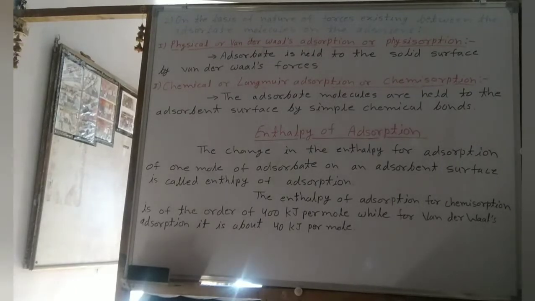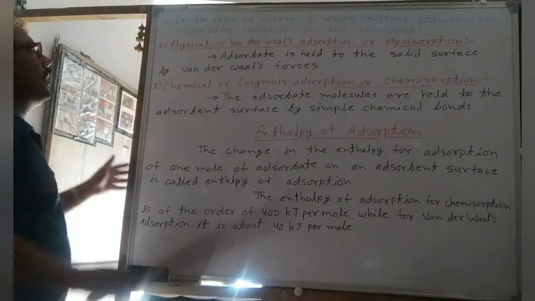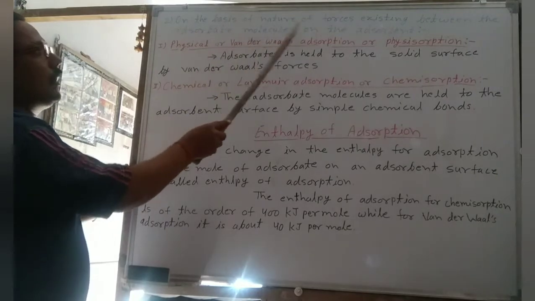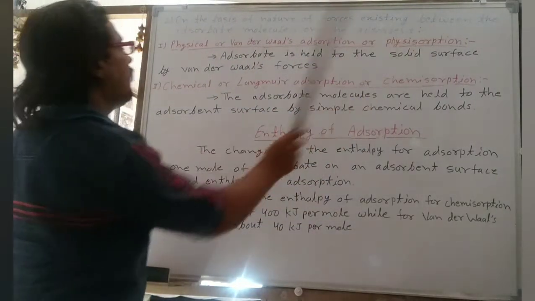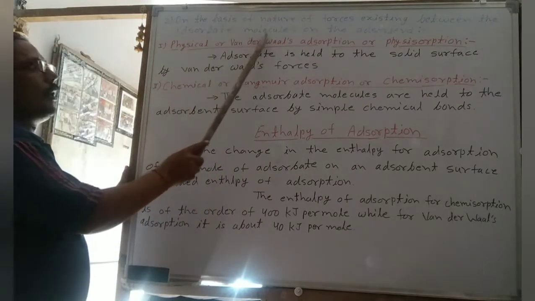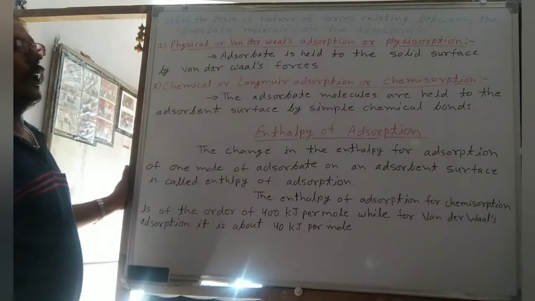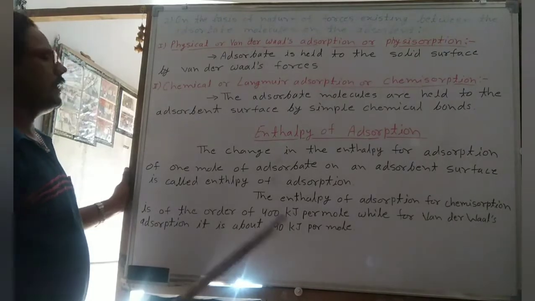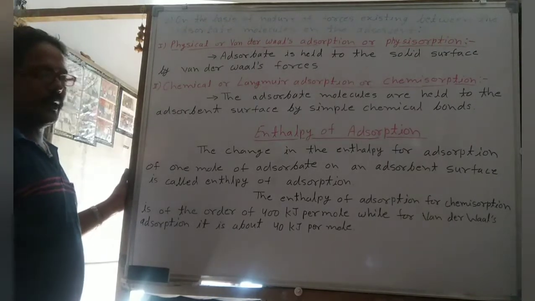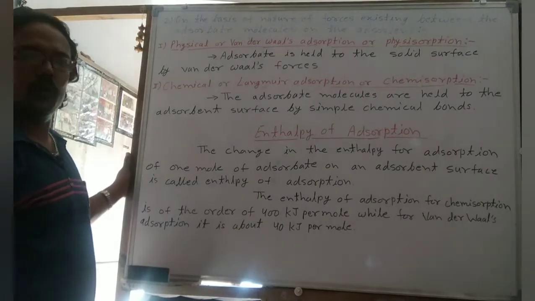Our second type of classification is on the basis of the nature of forces existing between the adsorbate molecules and the adsorbent. On this basis, again, adsorption is of two types.